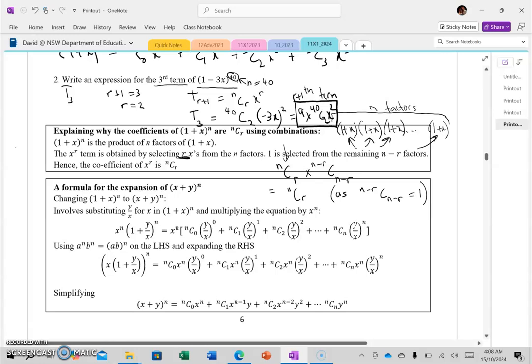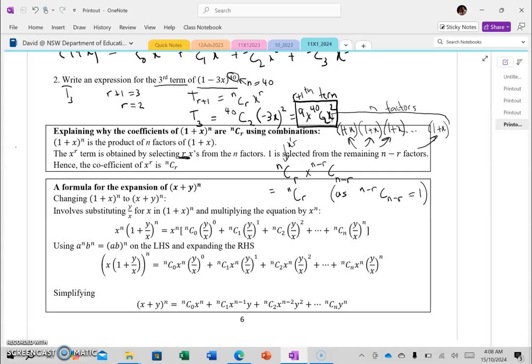Okay, how many ways can that be done? Well, you've got n brackets and you're selecting r x's. It's a combination because we don't care about order. Okay, it's a selection, it's not an arrangement. We're just selecting. So from the n brackets, we're selecting r x's.